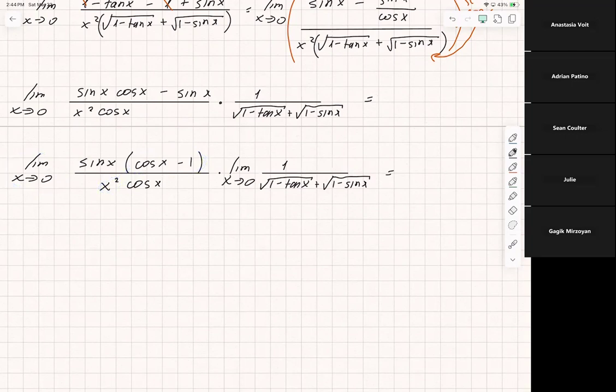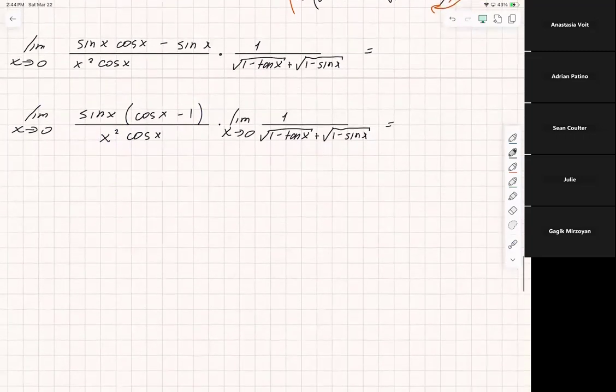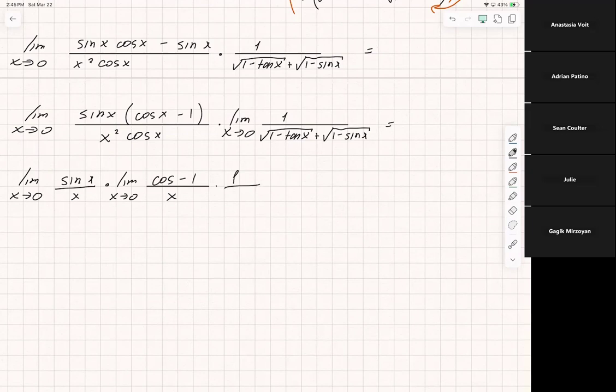So let me separate this expression into several expressions. I would have the limit as x approaches 0 of sine x over x. I'll split this x squared into x and x, and then times the limit as x approaches 0 of (cosine x minus 1) over the leftover x, and then times 1 over cosine x, and then times this whole expression here.